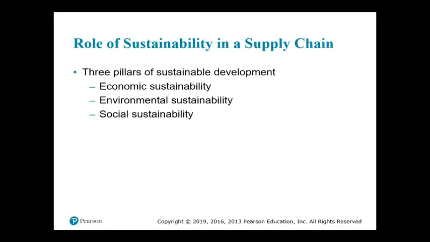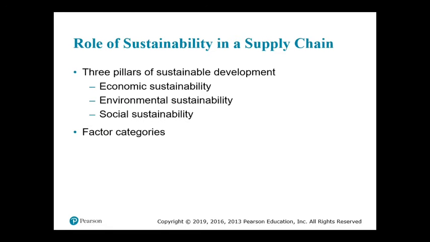The added pillars are environmental sustainability, dealing with natural resources and interaction with our natural environment, and social sustainability, where we deal with the human aspects of our economics and industry. In principle, all three pillars have to be reconciled in order for sustainability to occur.